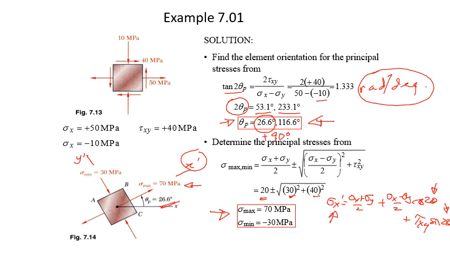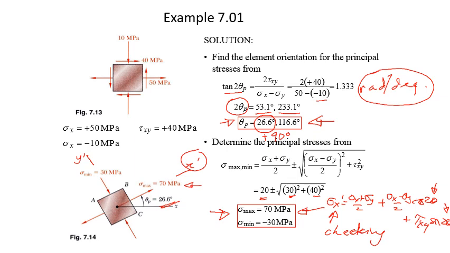So when you put 26.6 here, you will find sigma x prime and check which of the two is this value. With this equation, you are confirmed not to have any mistake about which one will be on x prime, because you have checked. This is for checking, to make sure that it is correct.